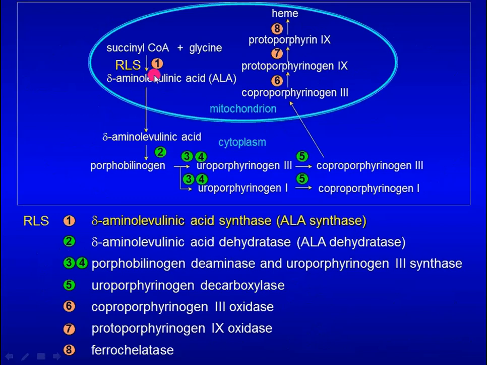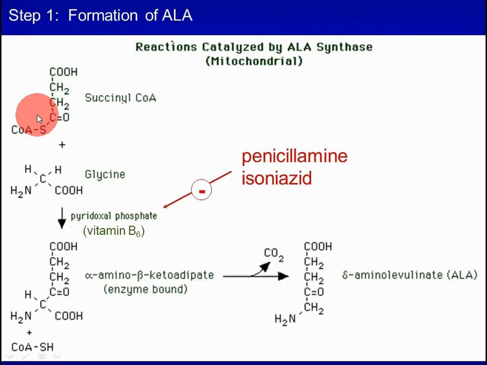It catalyzes the first reaction. Succinyl-CoA and glycine condense to form delta-aminolevulinic acid with removal of one carbon dioxide. This involves a decarboxylation step and requires pyridoxal phosphate as a coenzyme.